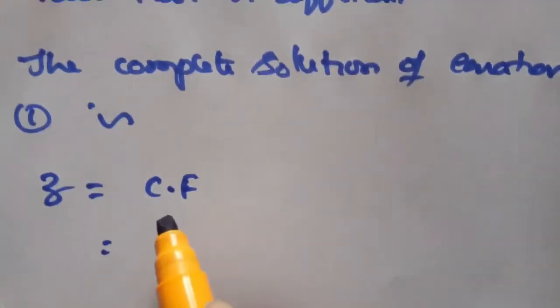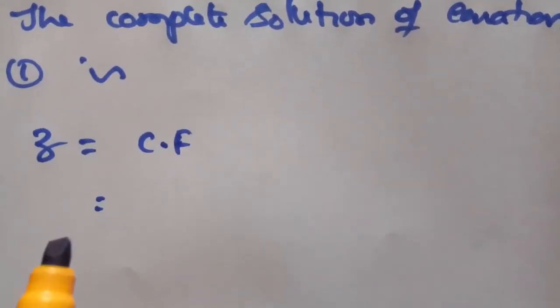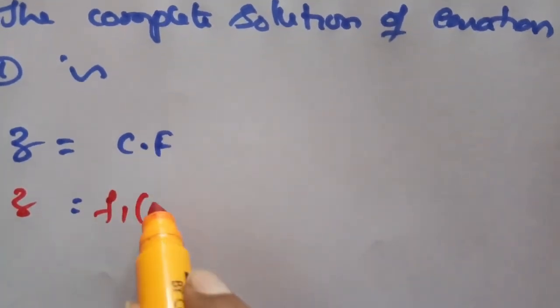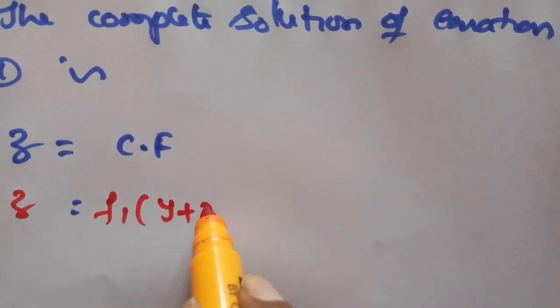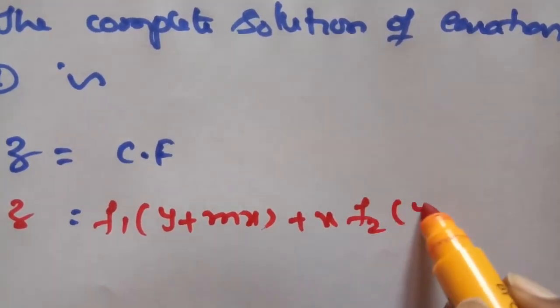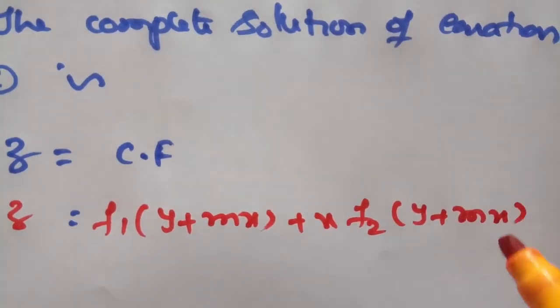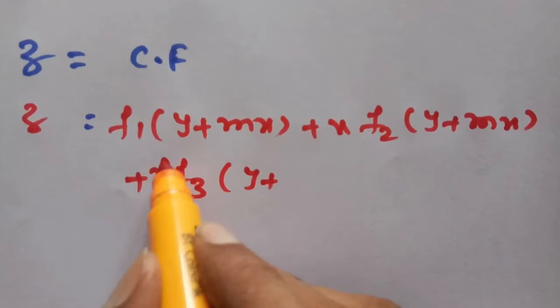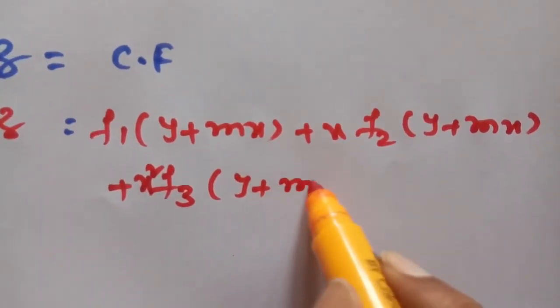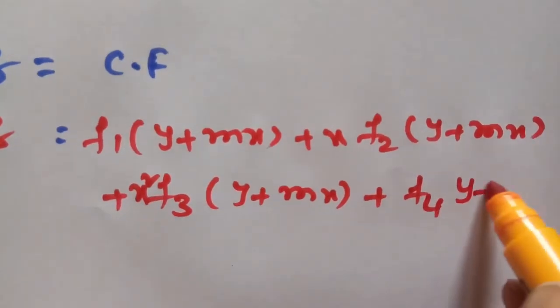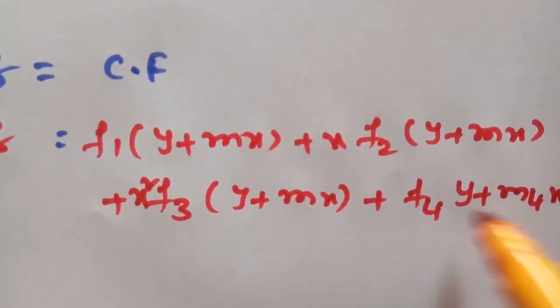Here the complementary function is f1 of y plus m1x plus x into f2 of y plus m2x plus x square into f3 of y plus m3x plus f4 of y plus m4x.